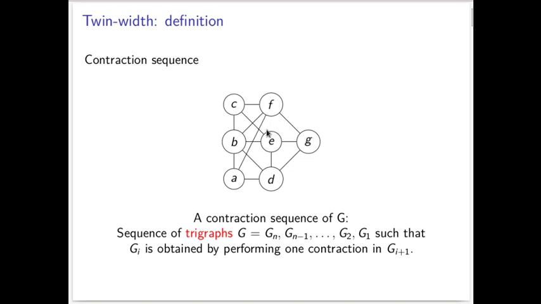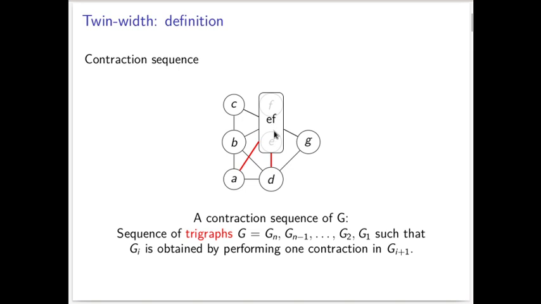Now if a vertex is adjacent to only one of E or F, like A for instance, then A will be adjacent to EF, but with a red edge, remembering this error. We can see that D is also adjacent to E but not F, so there is a red edge as well between D and EF.